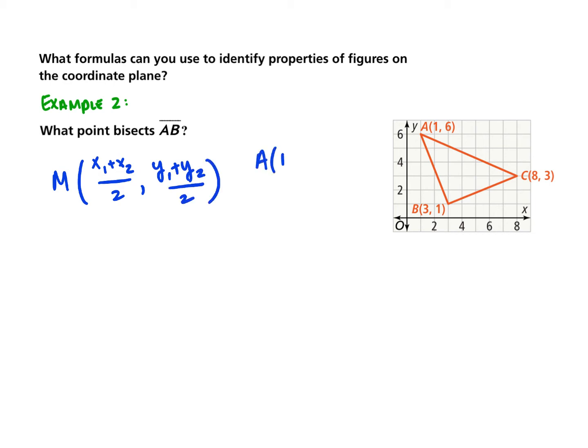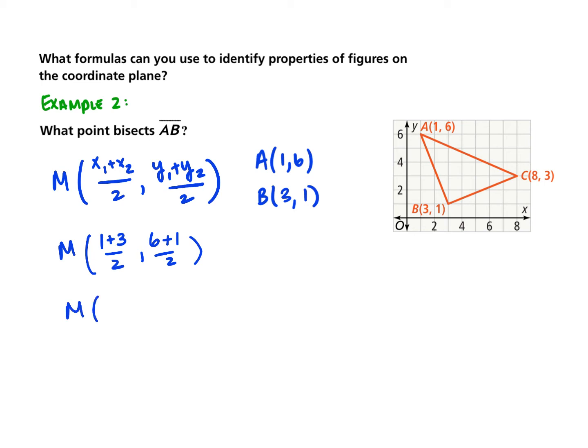So again, I'm going to write off to the side here my coordinates of A and B. And then I'm going to say my midpoint will be the 1 plus the 3 divided by 2. That'll be the x coordinate of the midpoint. And the 6 plus the 1 divided by 2 will be the y coordinate.